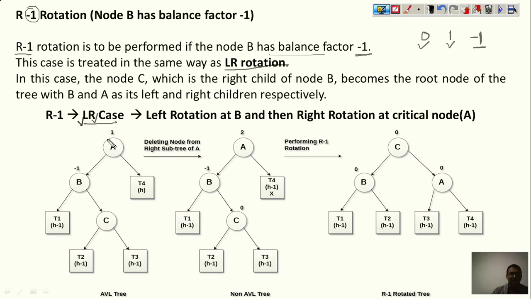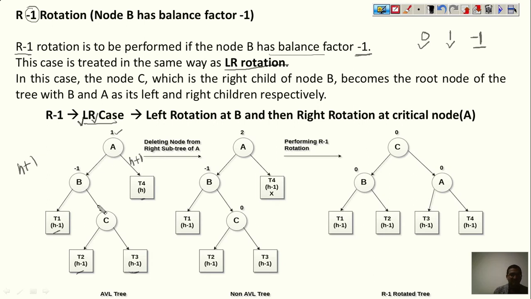So this is your tree, and you can see the height status is given. If you want to find the height of this, this is h minus 1 and 2, so this becomes h plus 1, and this is h, and this h plus 1. But keep in mind, when I say this is h plus 1, it is actually not completely correct, because height is found by finding the maximum number of edges, the maximum path possible.